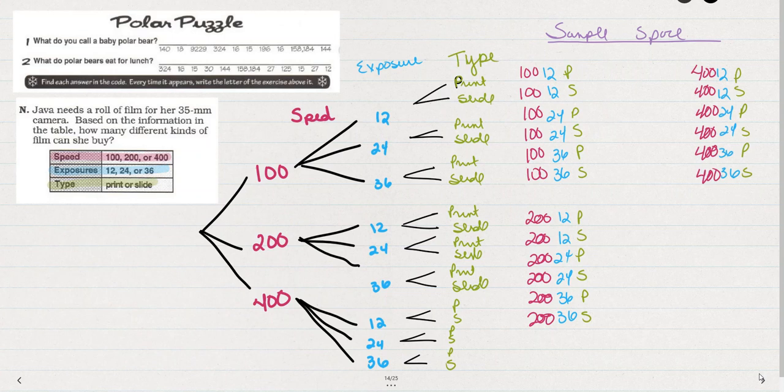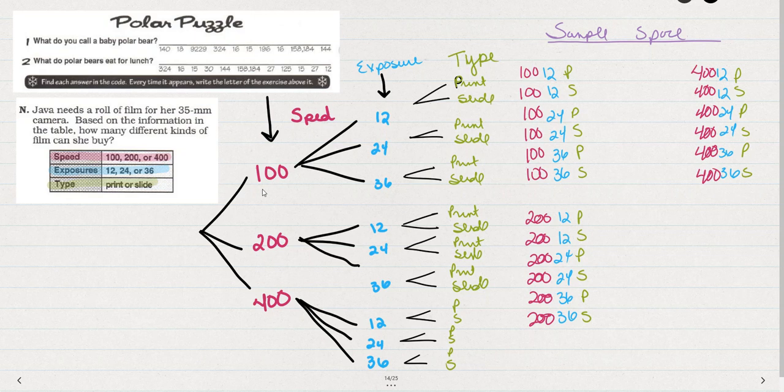Java needs a roll of film for her 35 millimeter antique camera. Based on the information in the table, how many different kinds of film can she buy? Well, I started with a tree diagram, and you can see that the speed I have in pink is either 100, 200, or 400. Next, I add the exposure.